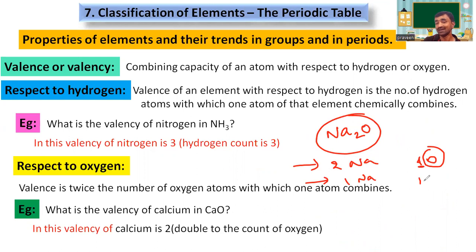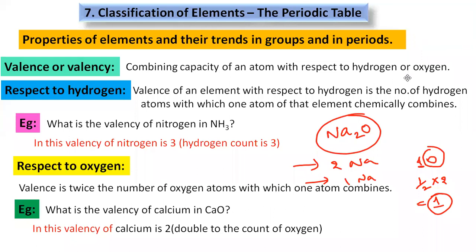So 1 by 2 into 2 will give you 1. This is how you find it. Are you clear about this concept or still in confusion? Clear everyone? Right, so practice it.